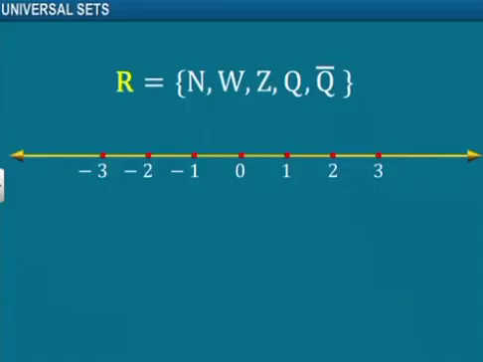Let's apply the idea of subsets in the context of real numbers. We know that integers, natural numbers, whole numbers, rational numbers, and irrational numbers together form real numbers. In set theoretical representation, we will explore how these sets are represented.